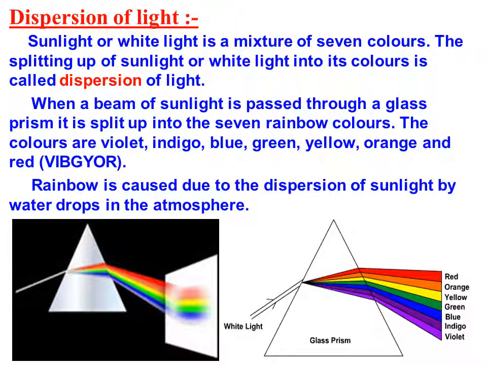As we can see in the figure, there is a prism of rectangular shape and a beam of white light is passed through it. 7 colors are seen, or 7 colors are dispersed. So a rainbow is caused due to dispersion of sunlight by water drops in the atmosphere, and it is seen only a few times, because the ray of light must fall on a water droplet at the correct place, otherwise it will not produce a rainbow at that time. So this was all about dispersion of light.